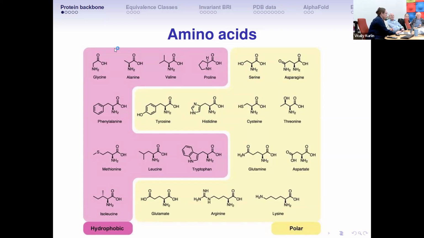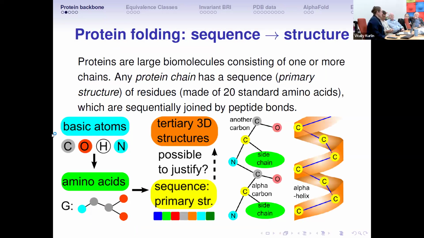So it all starts with just 4 basic atoms, COHN, and then they are combined in different combinations into approximately 20 amino acids. And here's one of the simplest ones, glycine, depicted schematically.